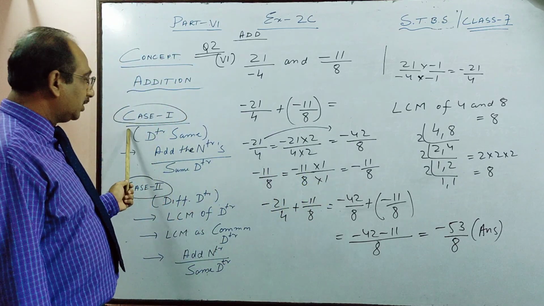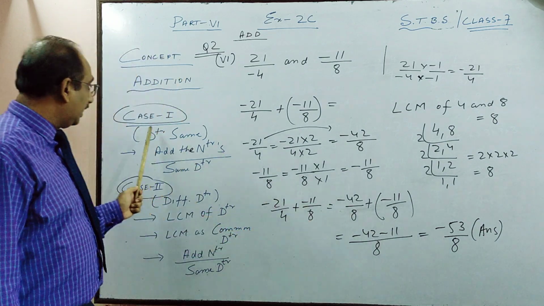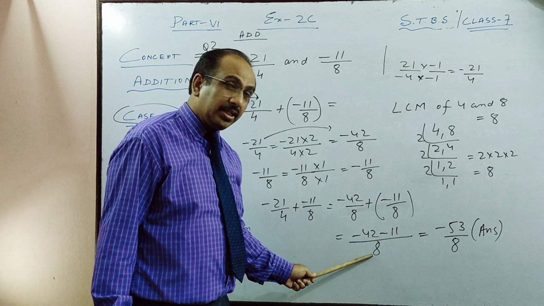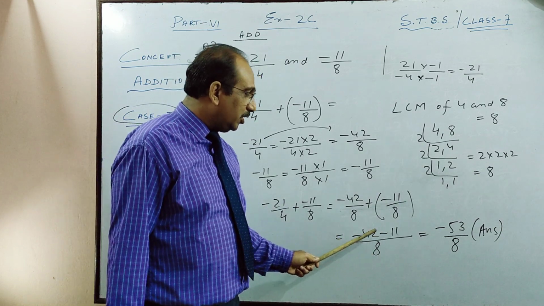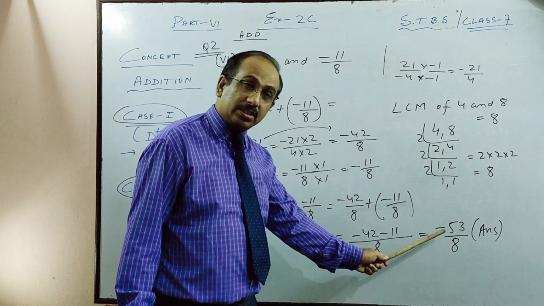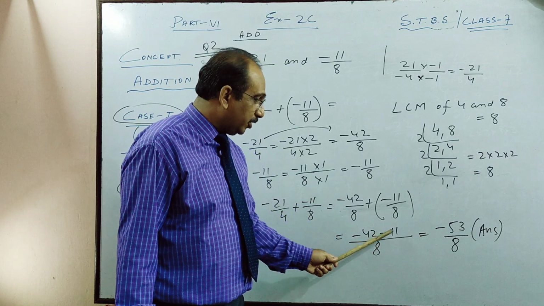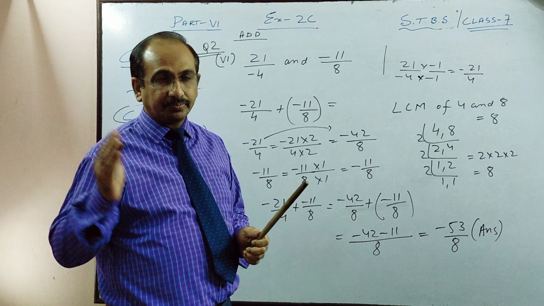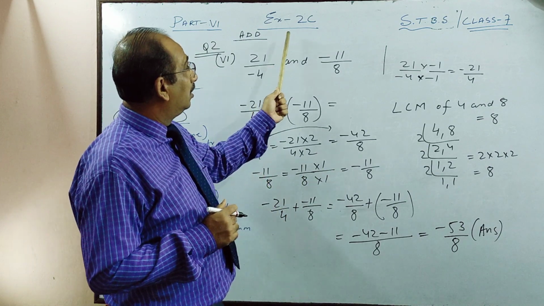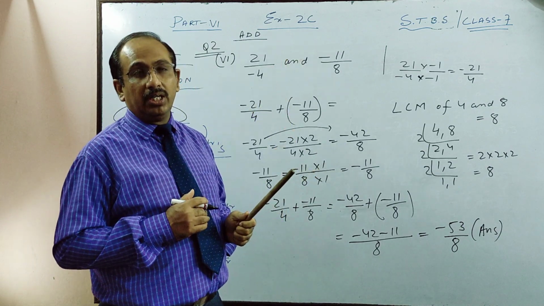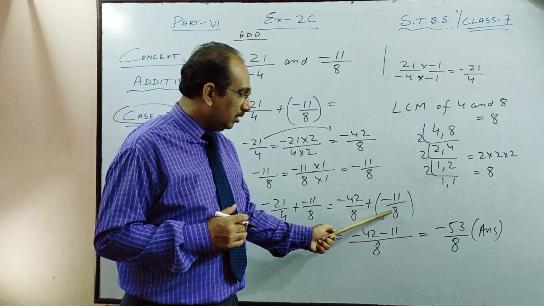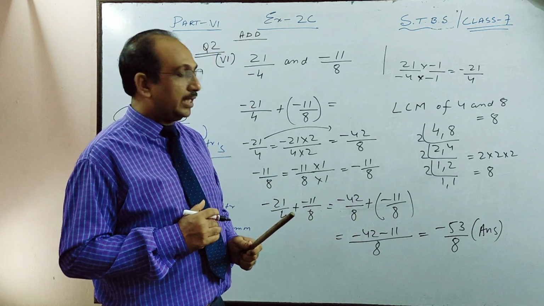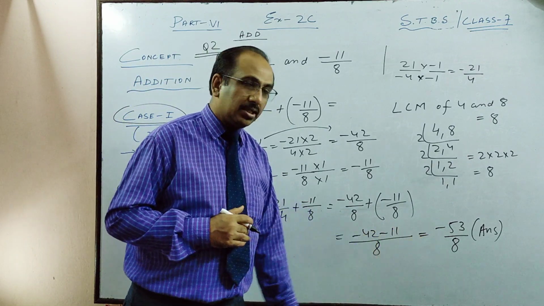Then we come to the first format because our basic idea is to make the same denominator, write the denominator, add the numerators, minus minus is minus, children, and 42 plus 11 is 53. I think in my previous chapters, exercise 1's video, I have explained this concept very nicely in part 2 or part 3 of that chapter. So you get the answer minus 53 by 8.